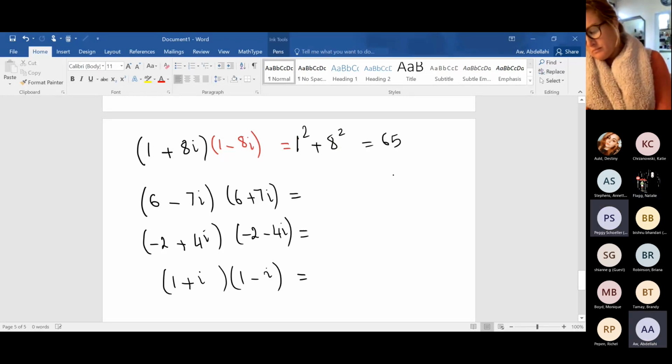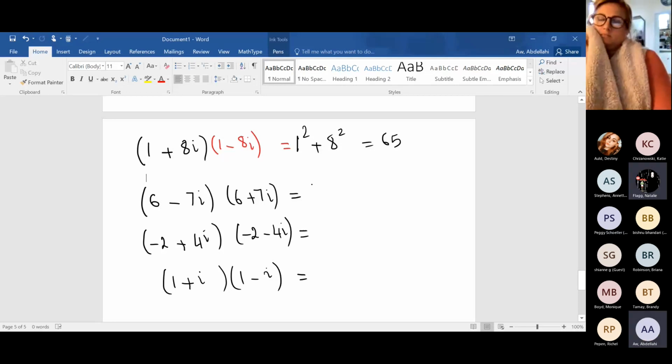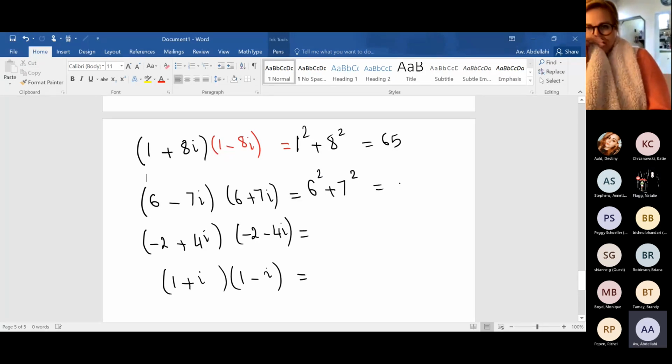The second one, are they conjugate? Definitely, right? So what's going to be the answer then? 85, which is 6 squared plus 7 squared, which is 85. Okay, the next one, are they conjugate?